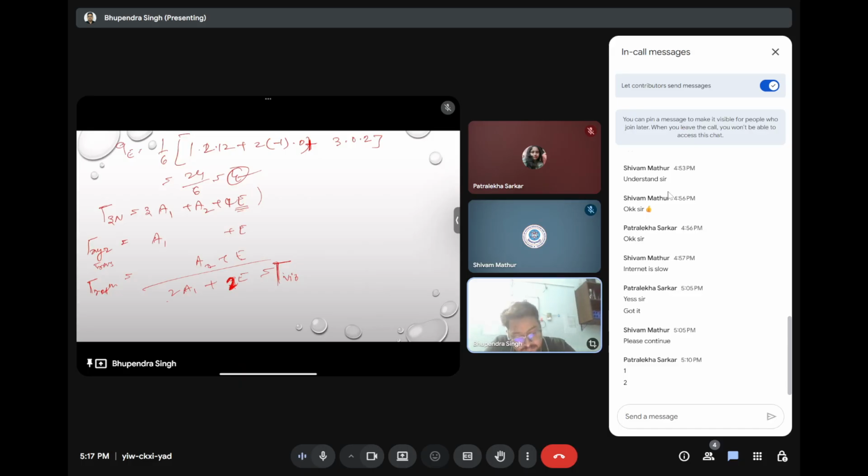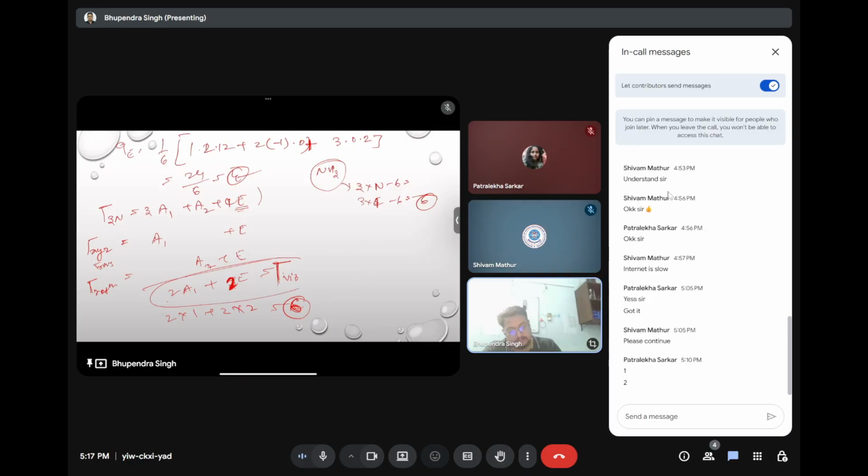And for ammonia, if you try to find the vibrational modes, it will be 3n minus 6. So 3 into 4 minus 6 is equal to 6. So if you take 2 into 1 plus 2 into 2, it is equal to 6. So our answer is correct.